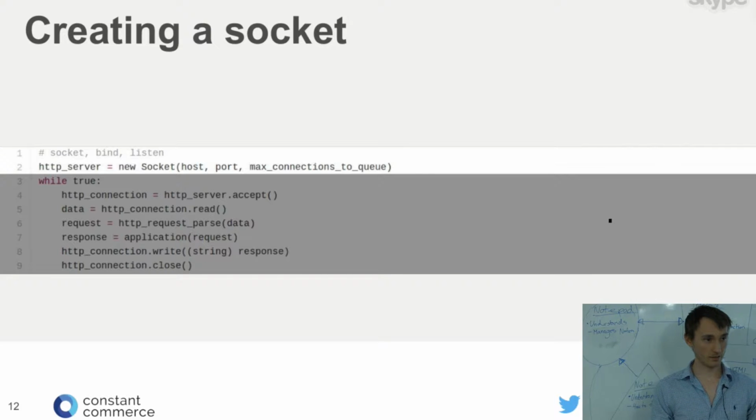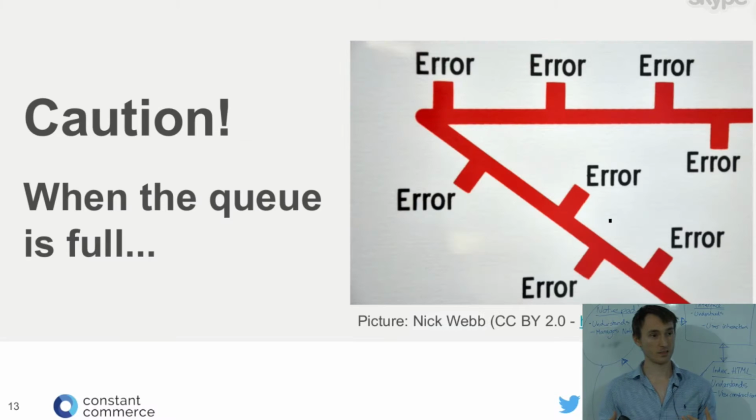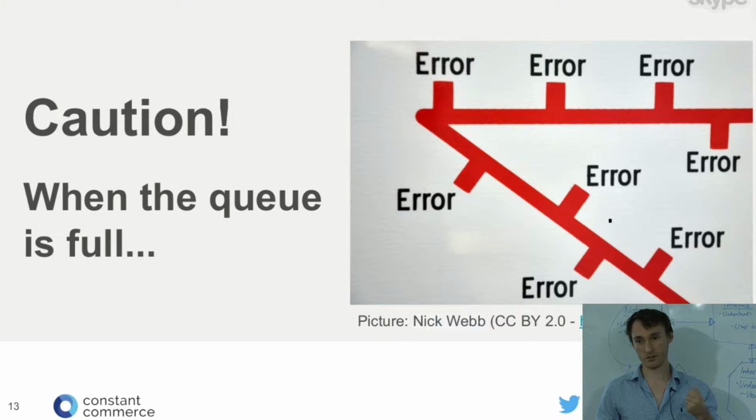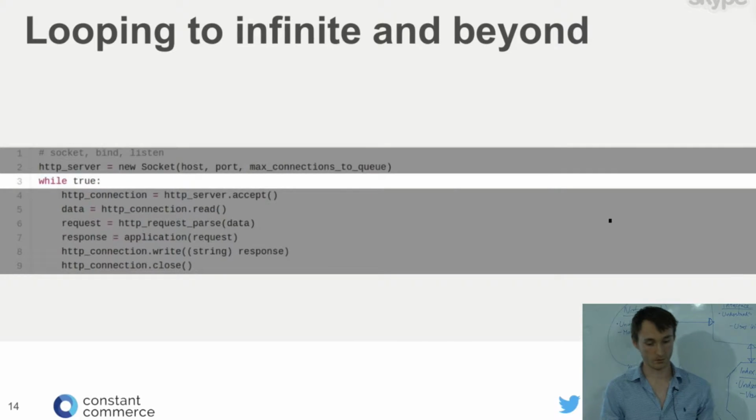When you start to listen, you can accept clients, so clients can connect to you. But the issue is that there's a limit. It's a limited queue, and when you reach the max number of clients in this queue, you get errors. So the game here is to treat clients as fast as possible to avoid the queue from being full, right?